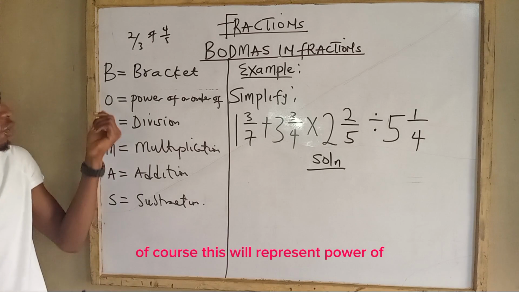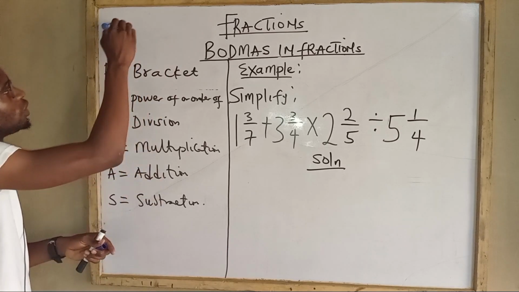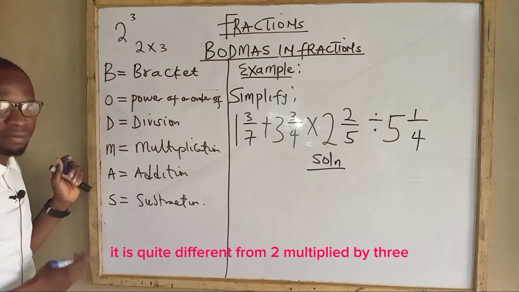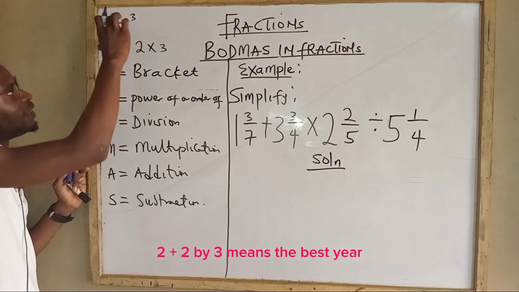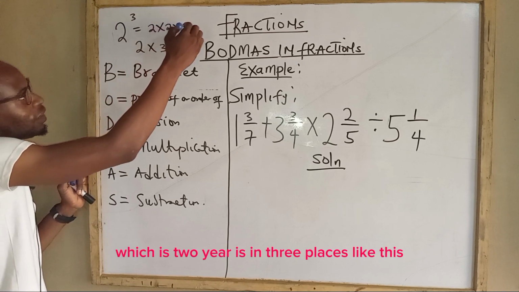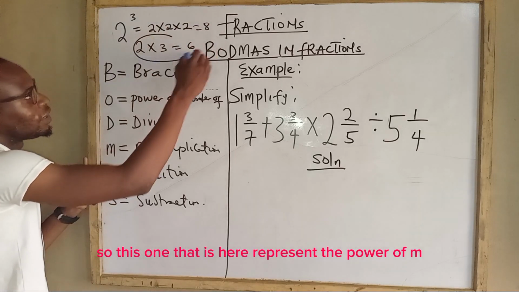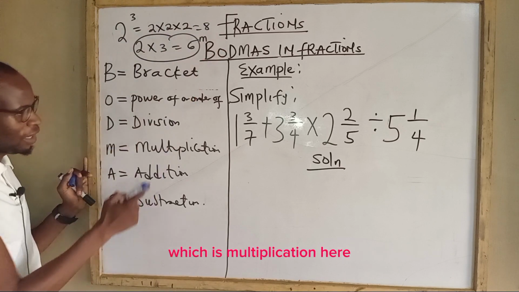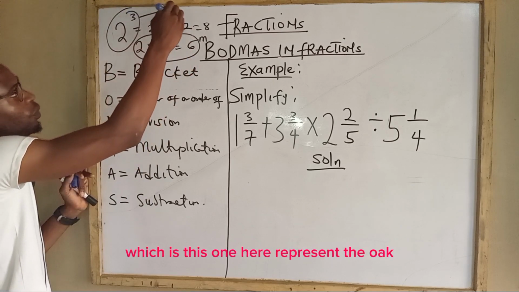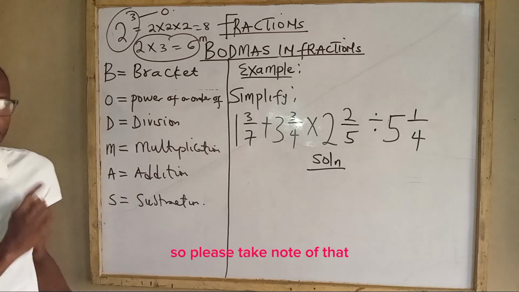This O represents power of, because when you have a question like 2 raised to power 3, it is quite different from 2 multiplied by 3. 2 raised to power 3 means the base, which is 2, is in 3 places like this: 2 times 2 times 2. This will give you 8 and this will give you 6. So this one represents the M, which is multiplication, while this one above represents the O. That is why we call it the power of or the order of. So it is not simply "of". Please take note of that.